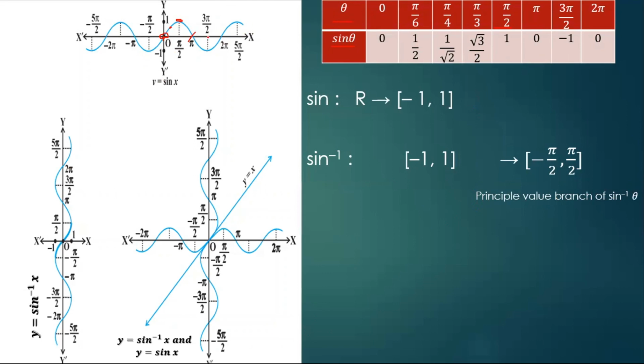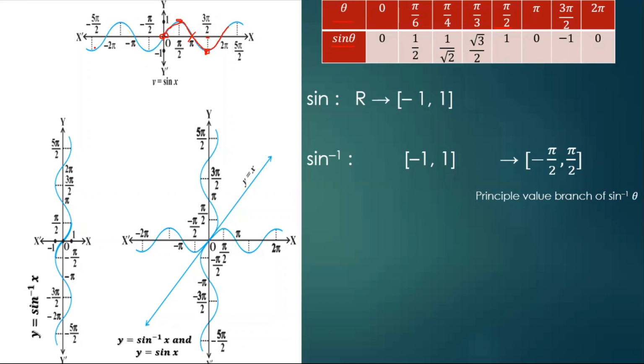So 3 pi by 2 is here, and negative 1 is down. See how it is going. Did you all understand? It goes in a waveform. In the same way, when we take negatives also, it will go like this. Is it clear? Fine.